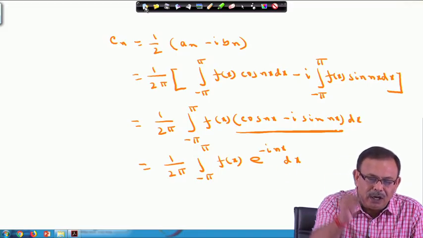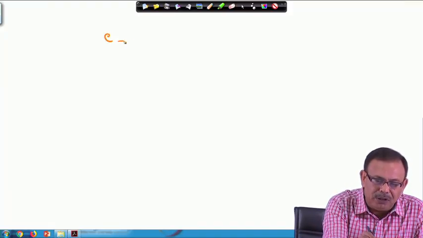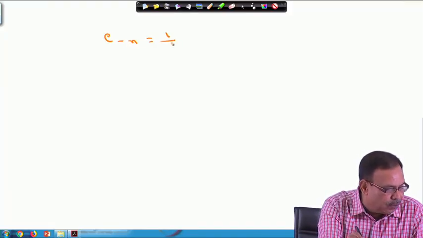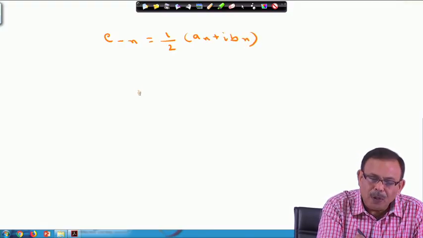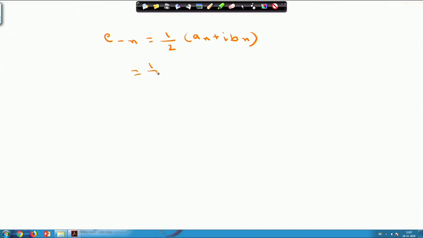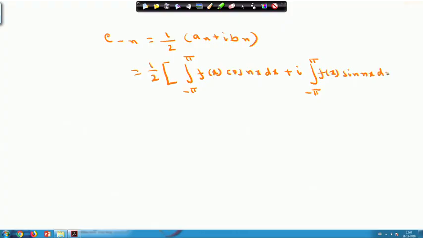In the same way, after deriving C n, your C minus n is equal to half into a n plus I b n, and again substitute the value of a n and b n. So, you can write it as half into integral from minus pi to pi f x into cos n x dx plus I into integral from minus pi to pi f x into sin n x dx.